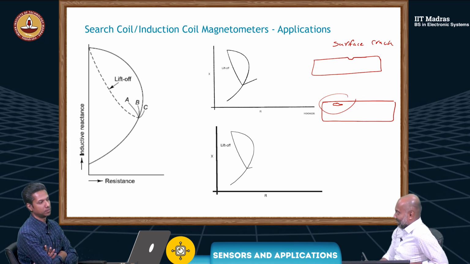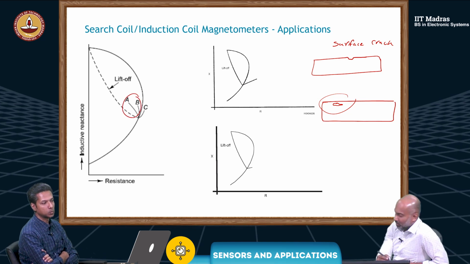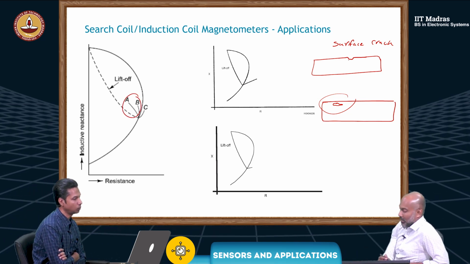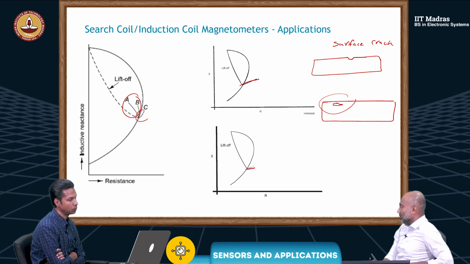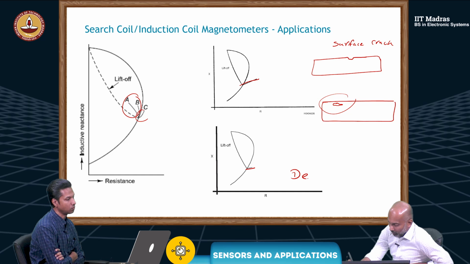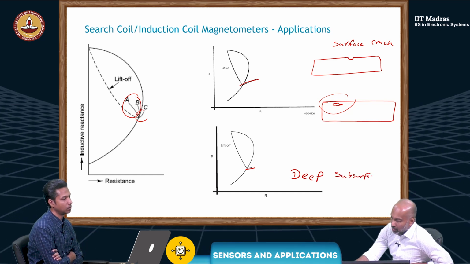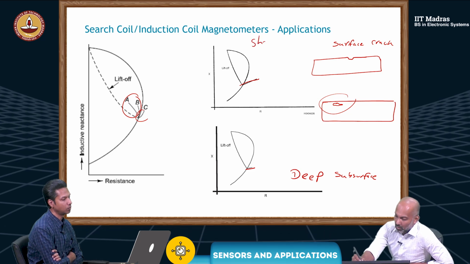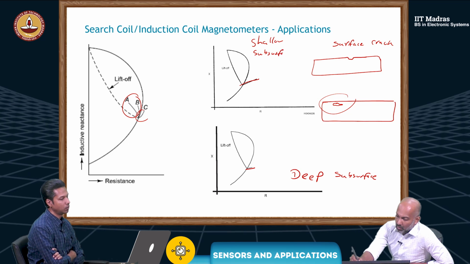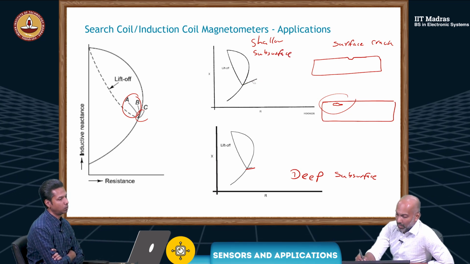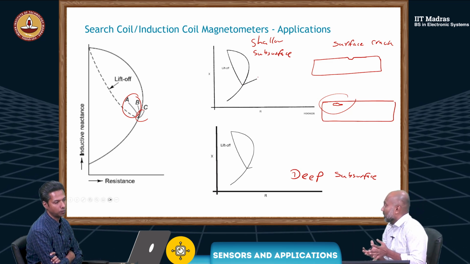Now here, A and B are for subsurface cracks, and C goes this way. This is for a deep subsurface crack, and this is for a shallow one. The amplitude is high for the shallow one, because it is probably within the depth of penetration.